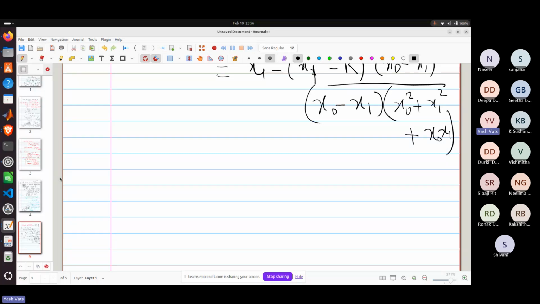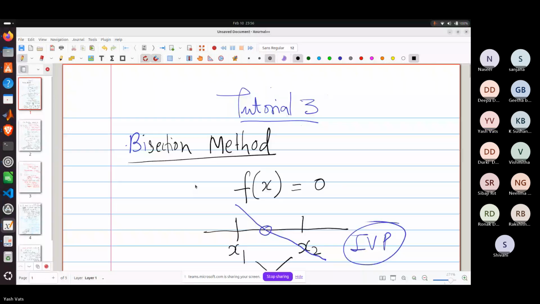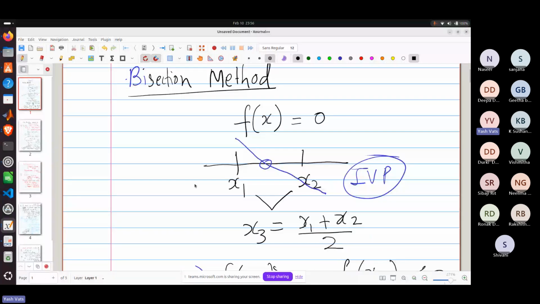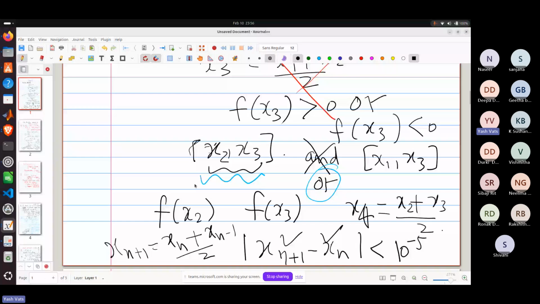I didn't find any question on the second method. So I would say just try with the same question like t to the power minus t and calculate up to the second iteration, what you're gonna get.